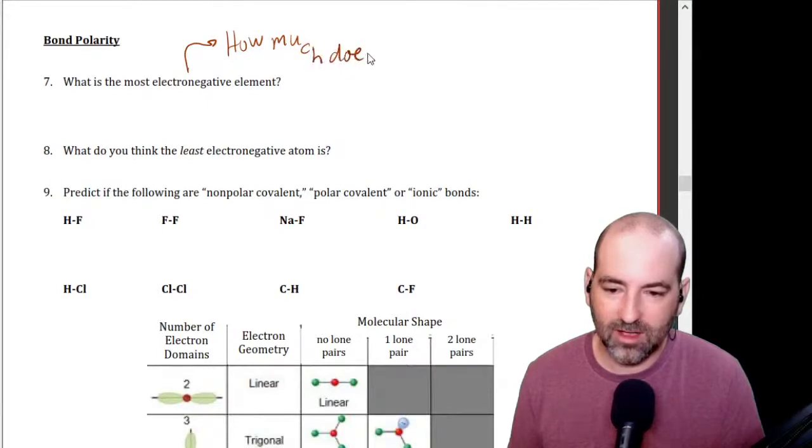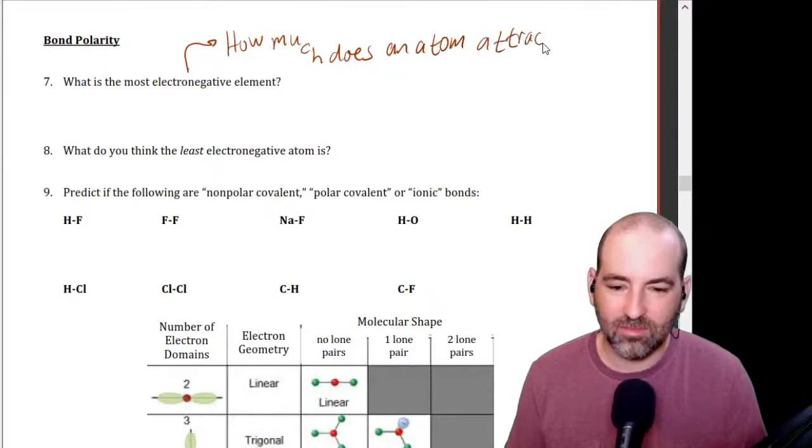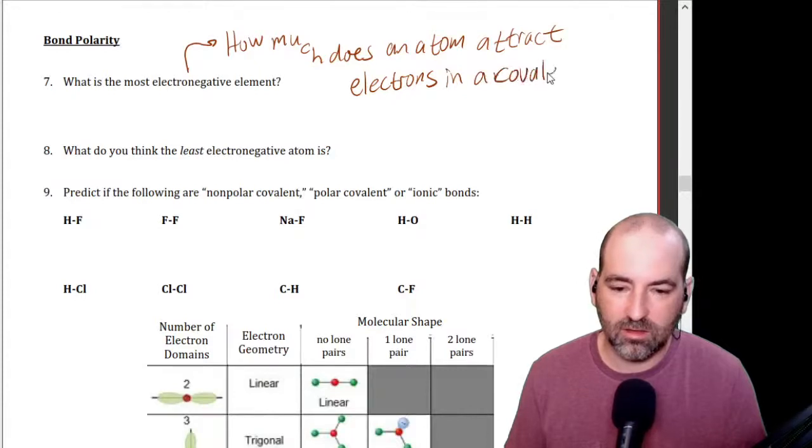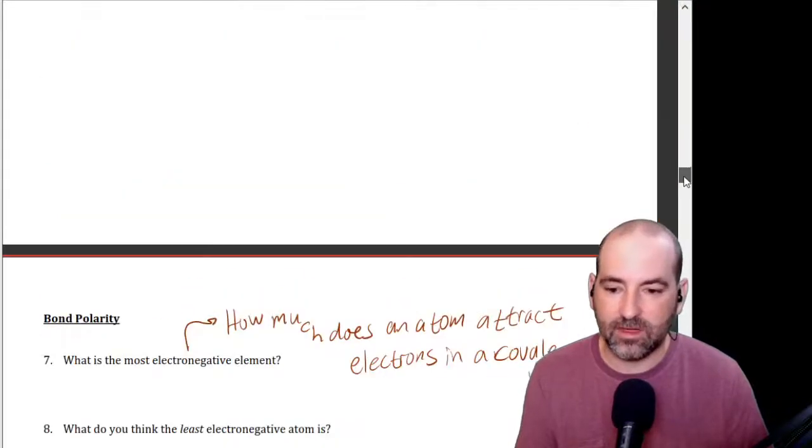Right up there. How much does an atom attract electrons in a covalent bond? That's what the electronegativity answers.